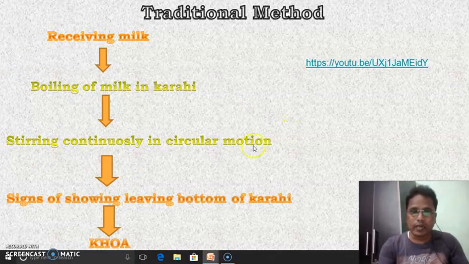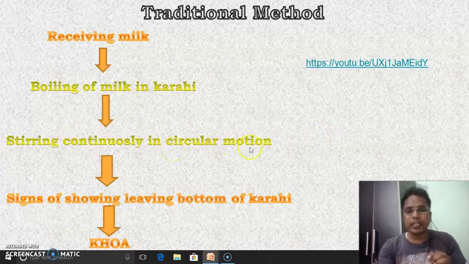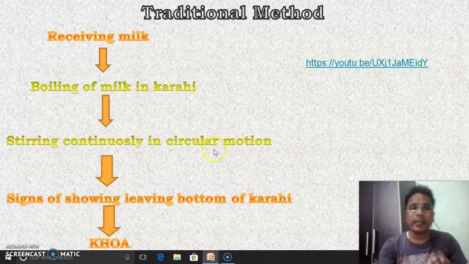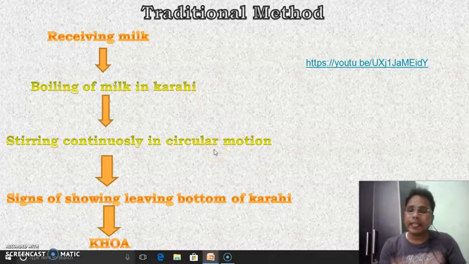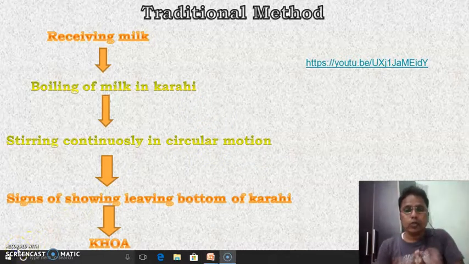Why in circular motions? When we stir the milk continuously in circular motion, the maximum moisture will evaporate from the karai. The moisture which is available in that milk will get evaporated. So by this way, what happens?